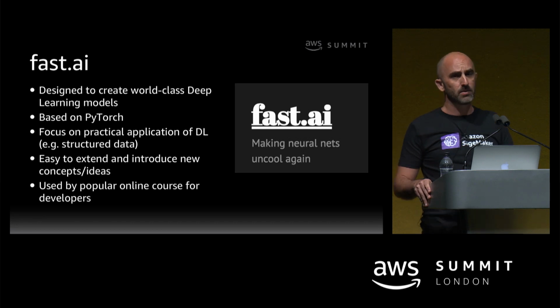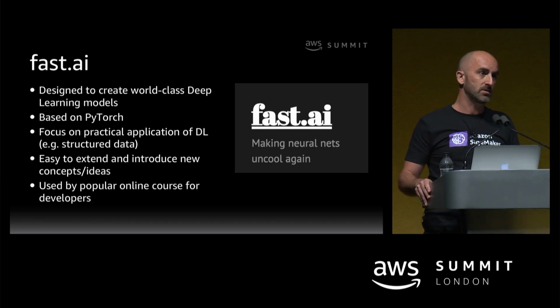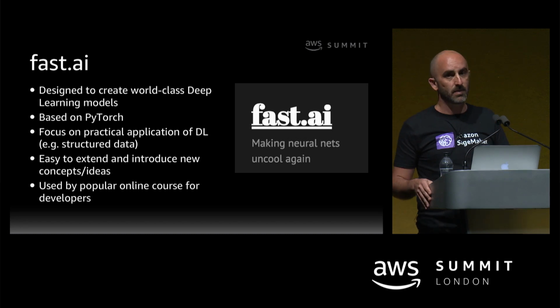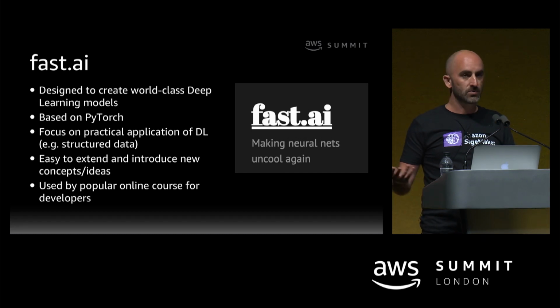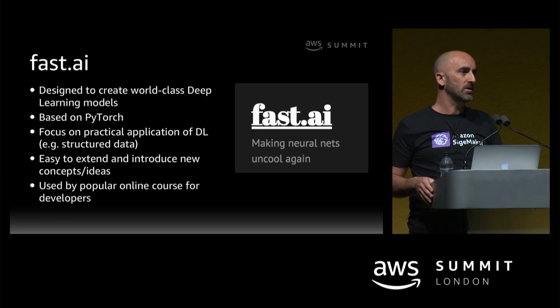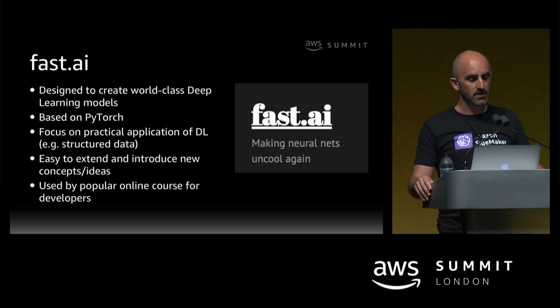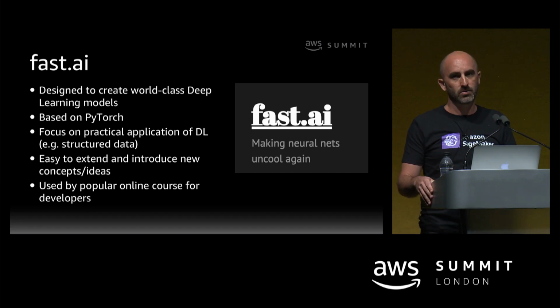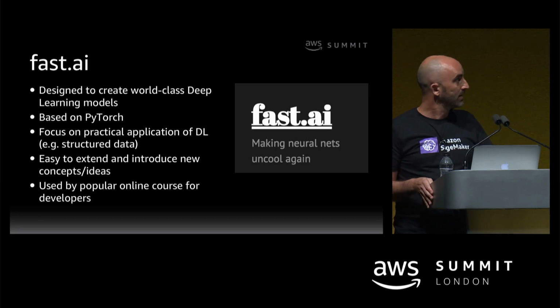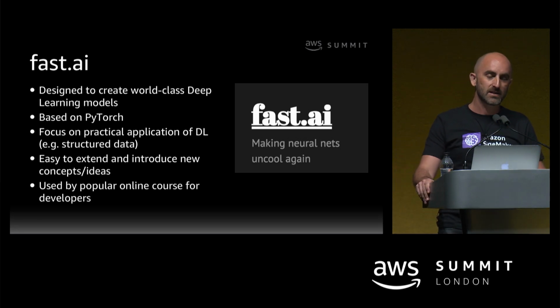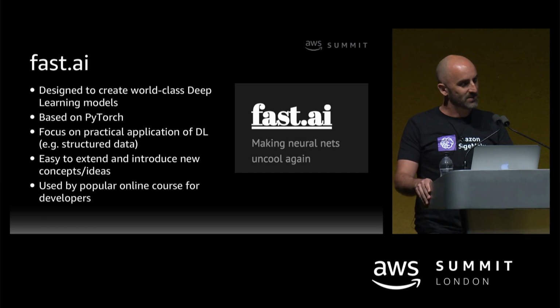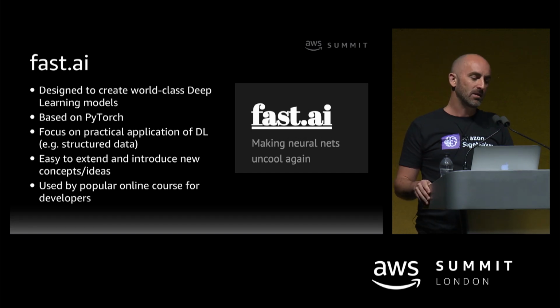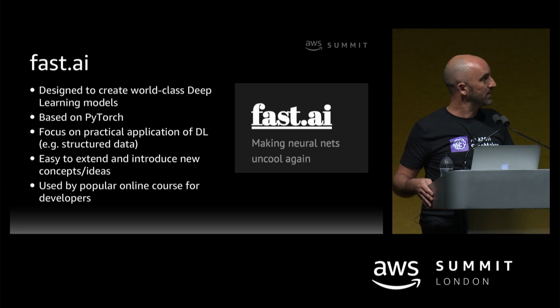So this is a library built on PyTorch. If you've heard of PyTorch, this is an open source library developed by Facebook. PyTorch is designed for researchers, and Fast.ai is more designed for practical use, so in real world usage. And they have a motto, making neural nets uncool again. What they mean by that is they're not so fancy.